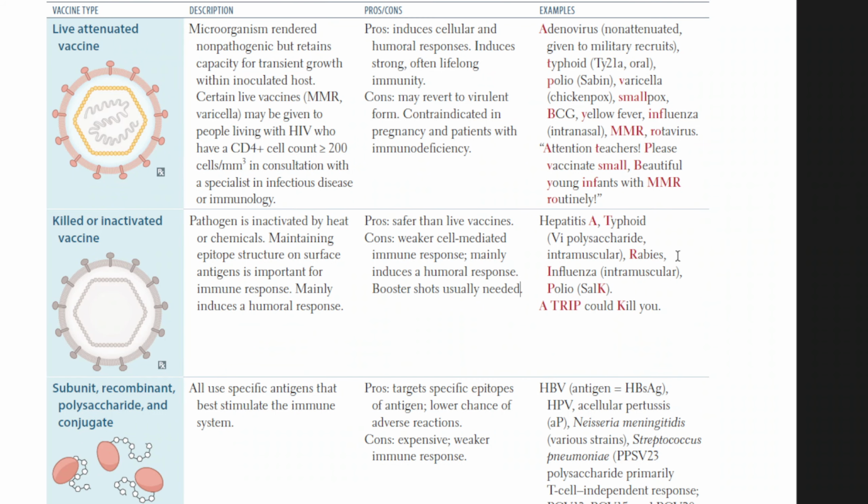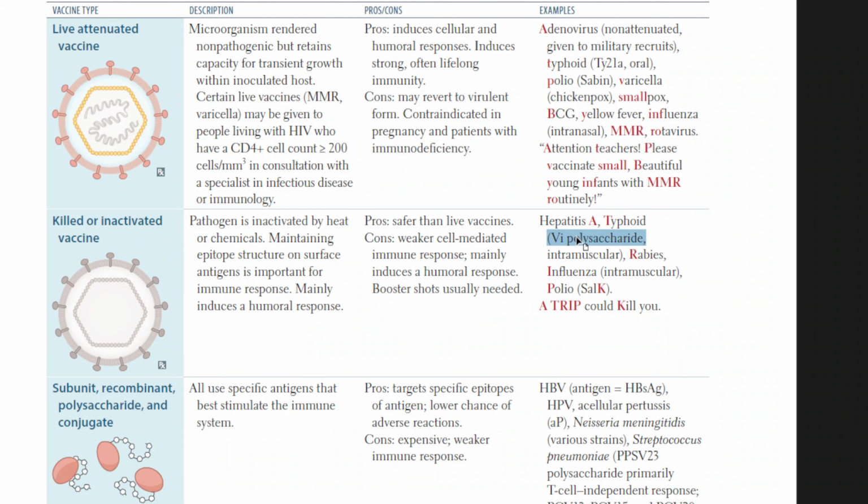In this group we have hepatitis A and typhoid. The typhoid is like the live attenuated one, but in this case the typhoid is the Vi polysaccharide, intramuscular.